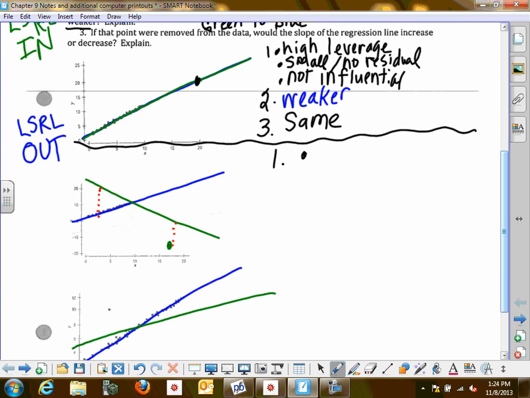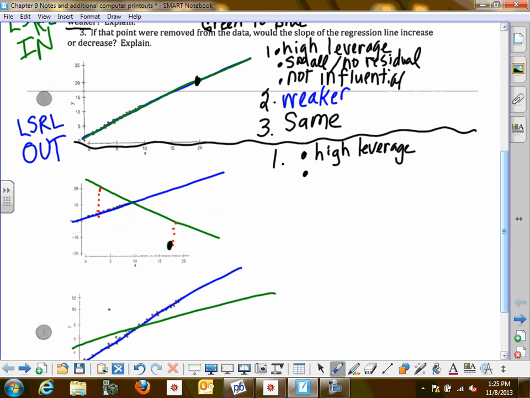Does this point have high leverage? Yes, it is far out in the X direction, so it does have high leverage. Is it exerting its influence? Yeah, it is. So the question is, is it going to have a large residual?